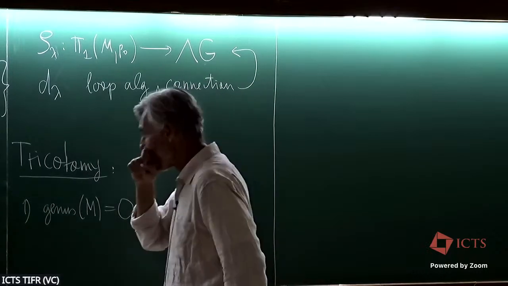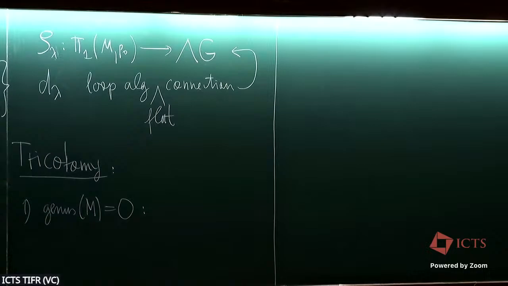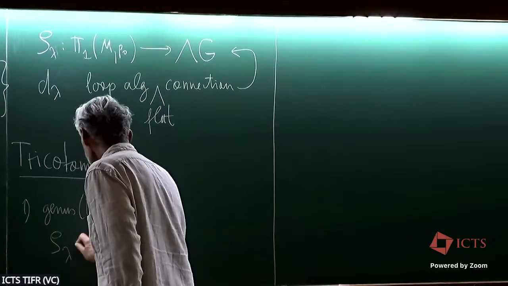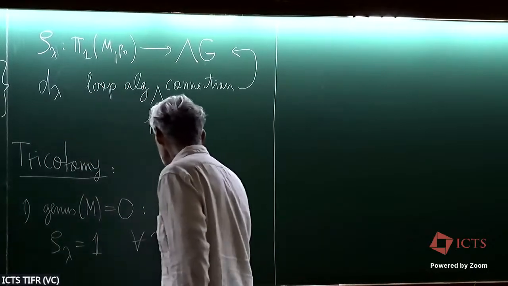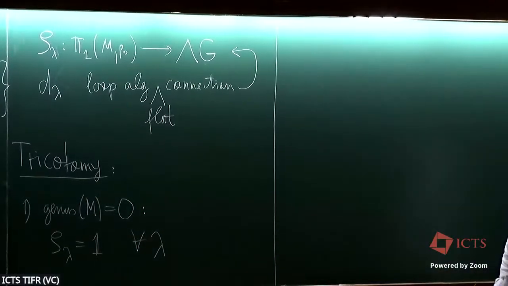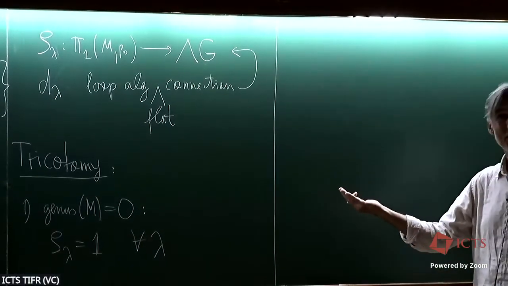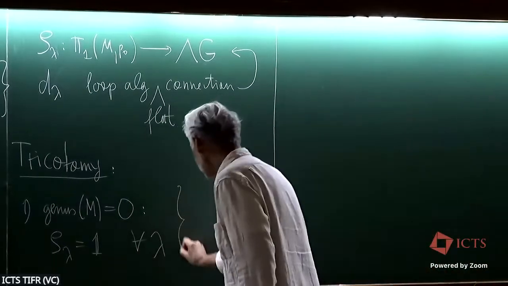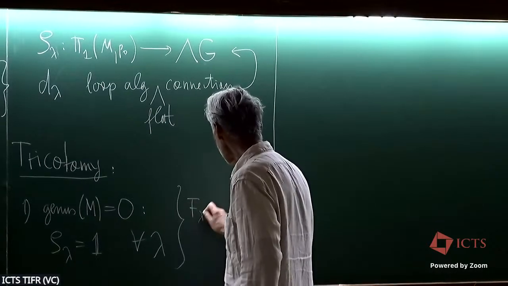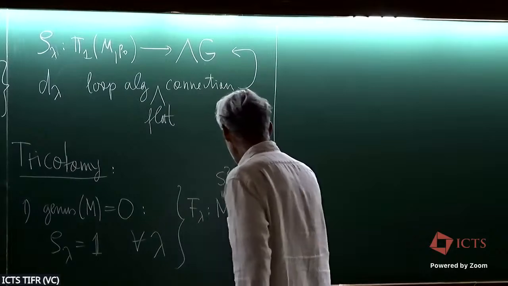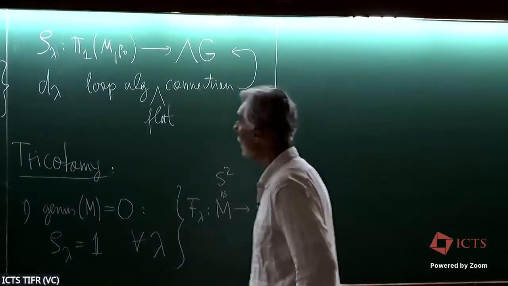First of all, the representation rho lambda is trivial for all lambda because you are on a simply connected domain. So there is nothing there. And what that means is that the map F lambda I have constructed does live on M. So M is now like the two sphere, and it maps into, so where does F lambda map now?